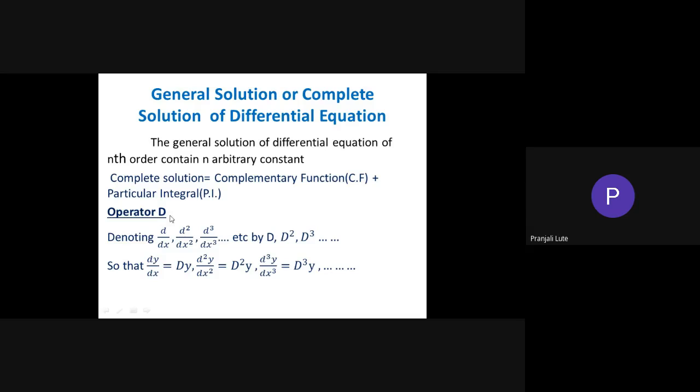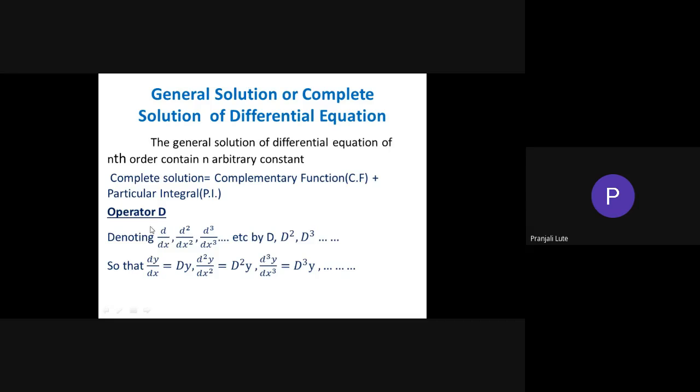Then the operator D, we already discussed in the previous slide. Capital D, operator D, denotes d by dx. d square by dx square is capital D square. d cube by dx cube is capital D cube, and so on.